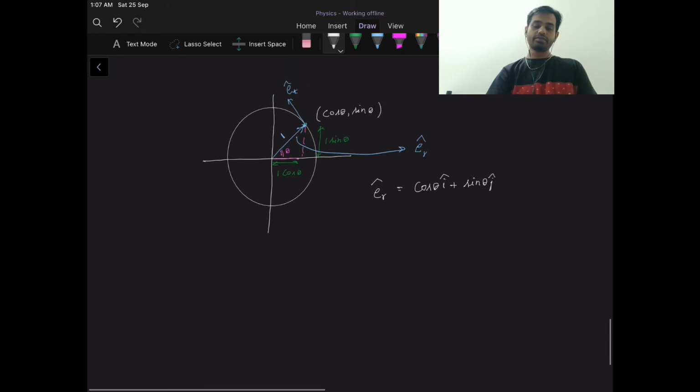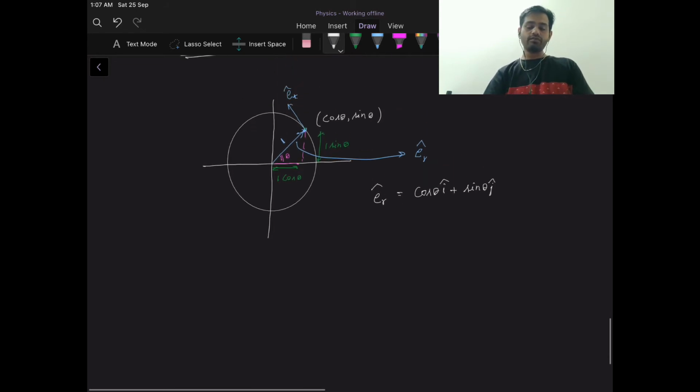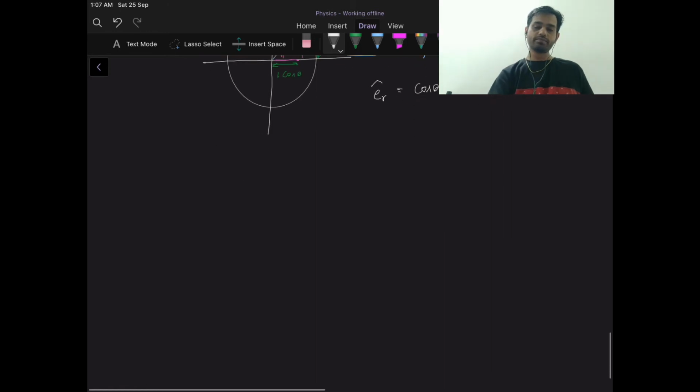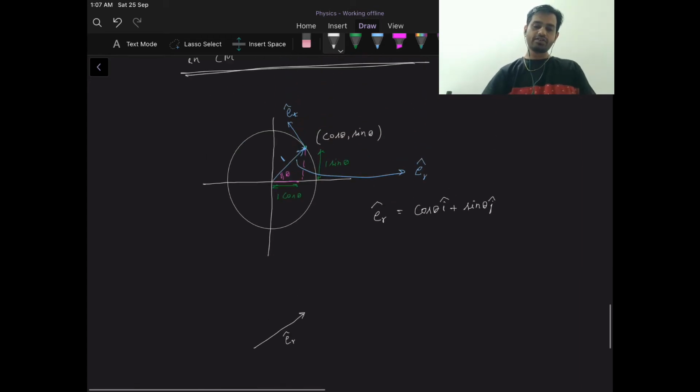Let us see. We have two vectors, one is E r cap and one is E t cap. We already have E r cap, and we need to determine E t cap. Suppose this is E r cap, and I have shifted the E t cap to the origin only. So this is E t cap.